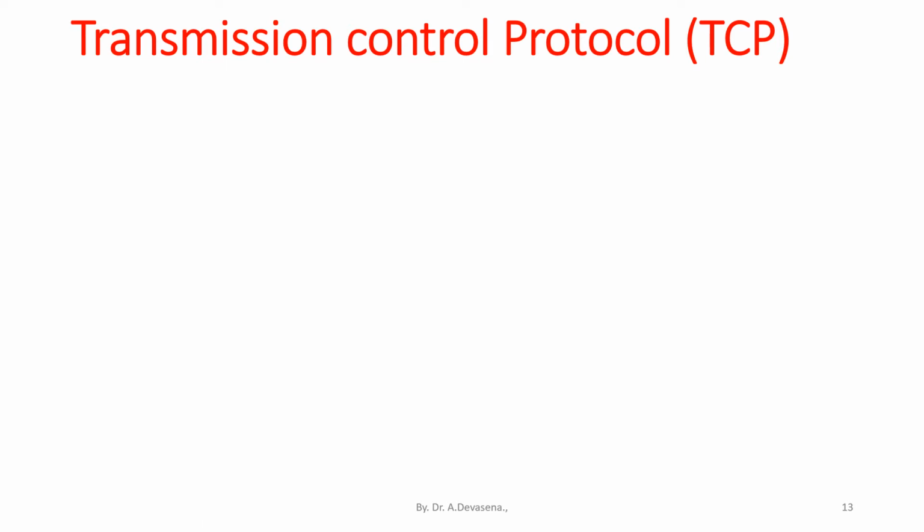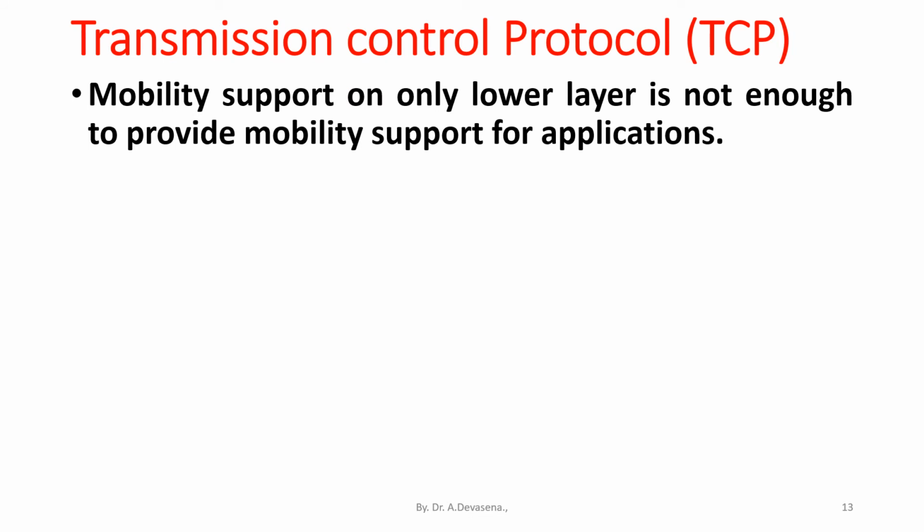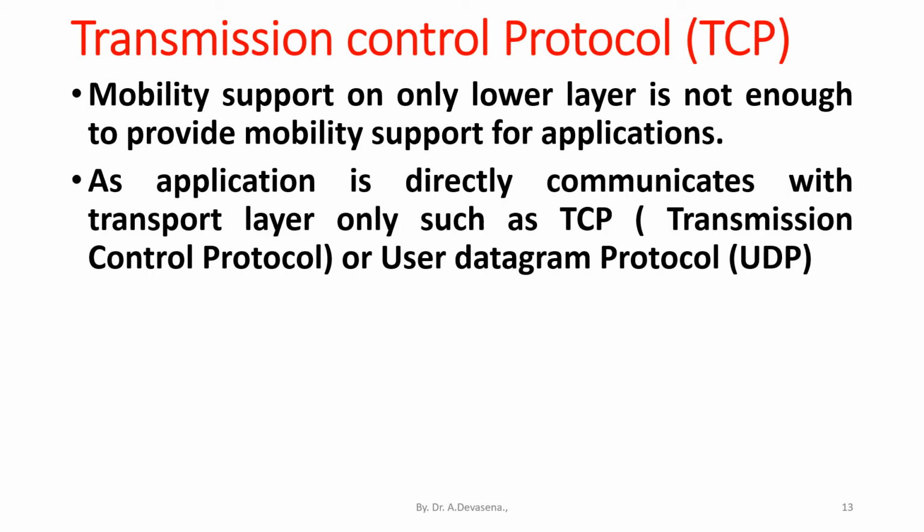Transmission Control Protocol, that is TCP. Mobility support on only the lower layers is not enough to provide mobility support for applications, as applications directly communicate with the transport layer only, such as TCP or User Datagram Protocol, that is UDP.